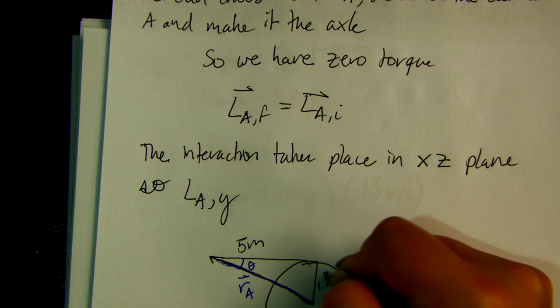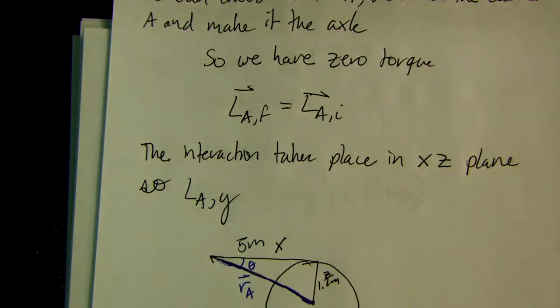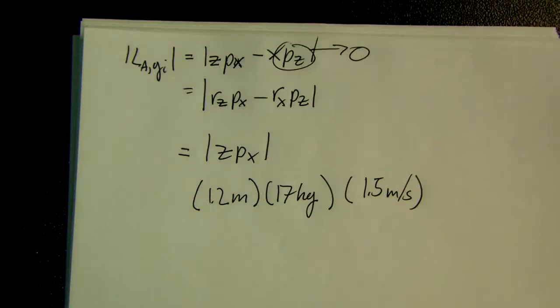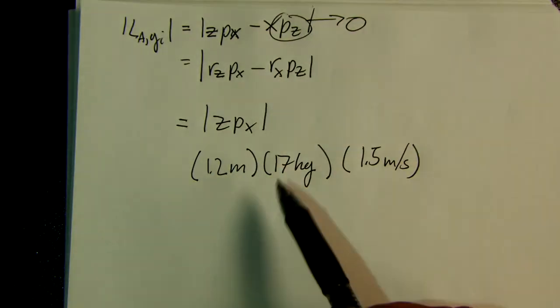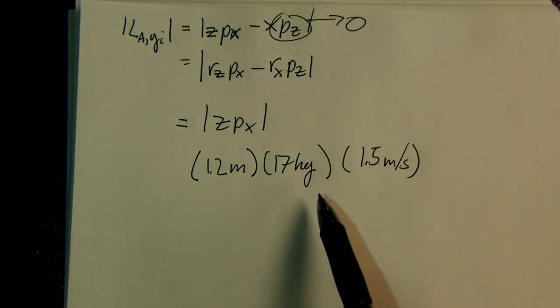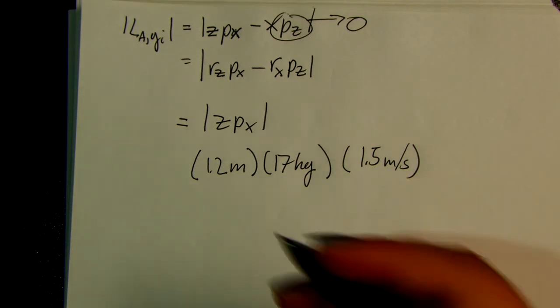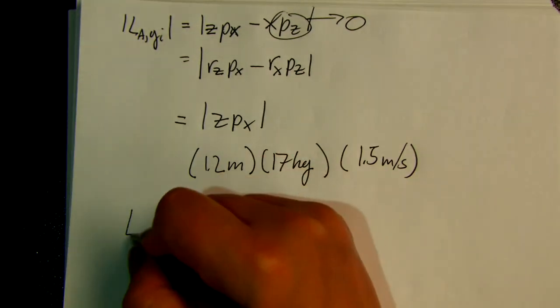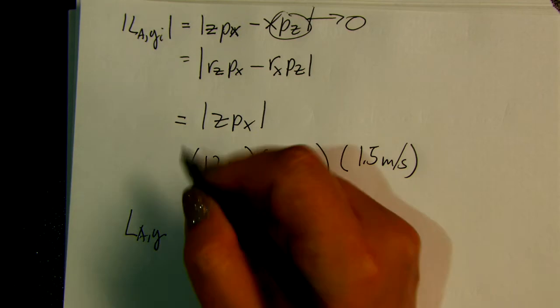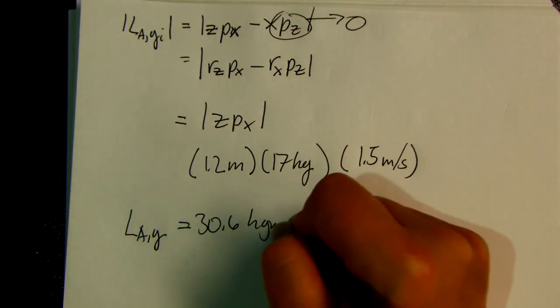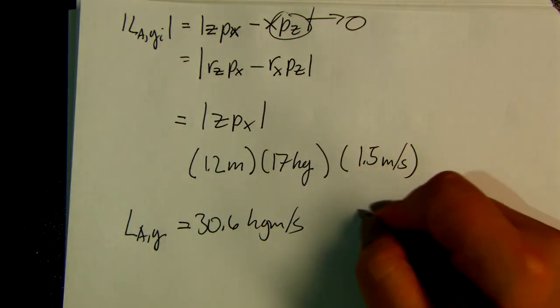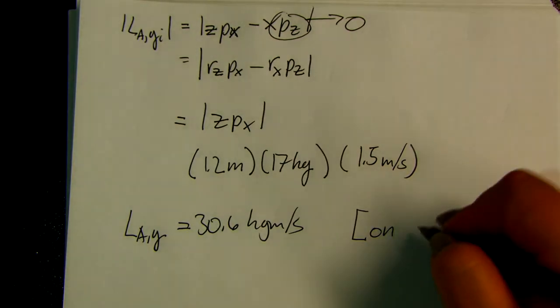This is your Z, this is your X. So 1.2 meters times 17 kilograms times 1.5 meters per second, and you get that the angular momentum in Y using this particular technique is equal to 30.6 kilogram meters per second. On your own, do another method.